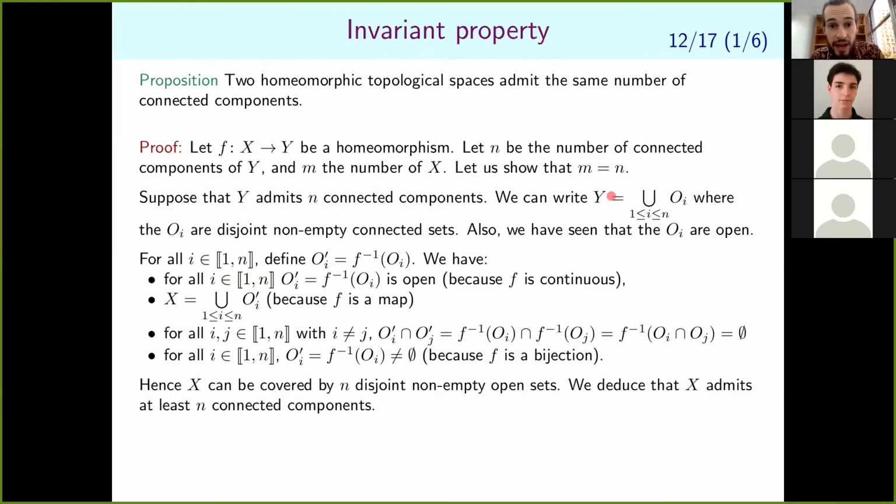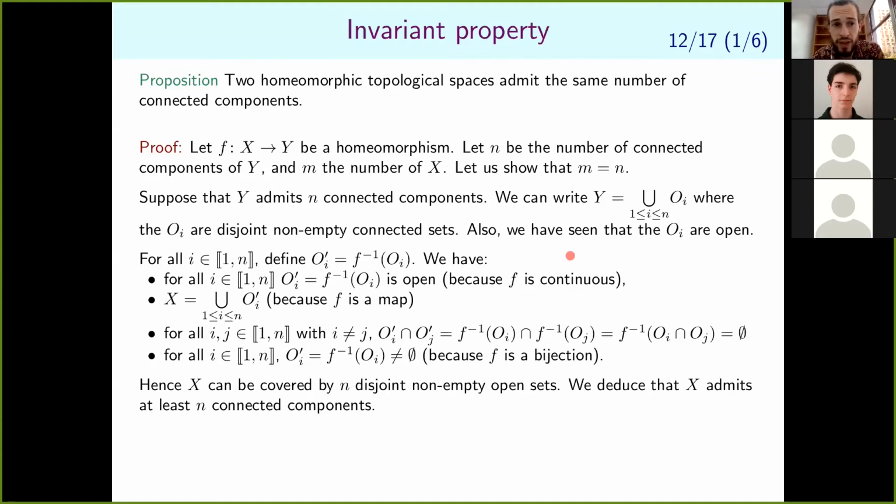It means that I can find n sets, O_i, such that they cover Y, and such that they are disjoint, non-empty, and connected. And I'll tell you, without a proof, but you can do it easily, that they are open.